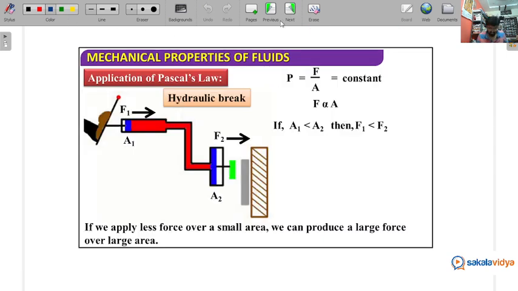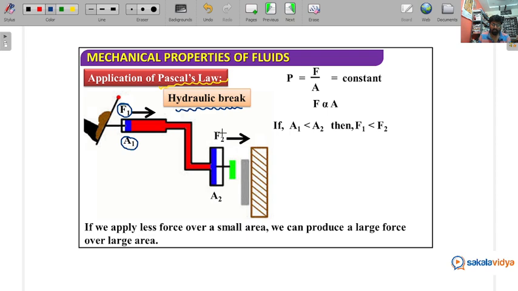Have you ever observed how a moving car is stopped in a fraction of seconds? Even there we use Pascal's law. Even in the working of the hydraulic brake, we use Pascal's law. F1, a smaller force, is applied on the smaller area.